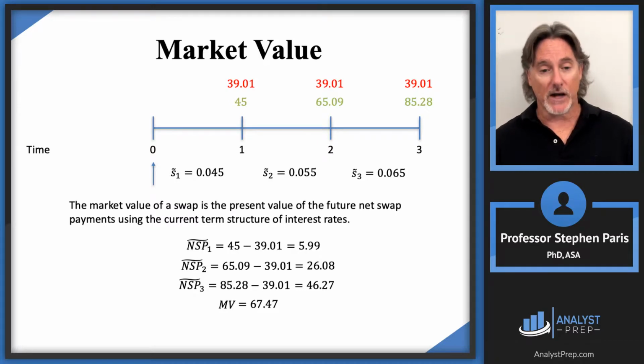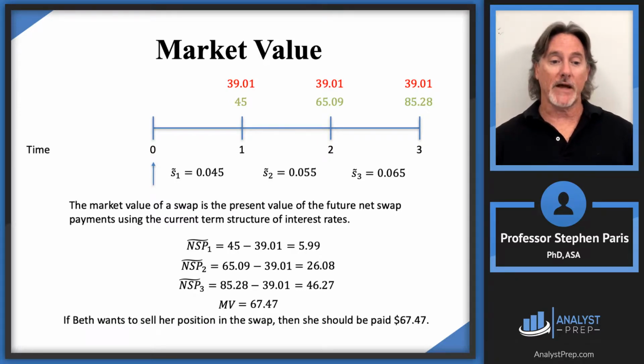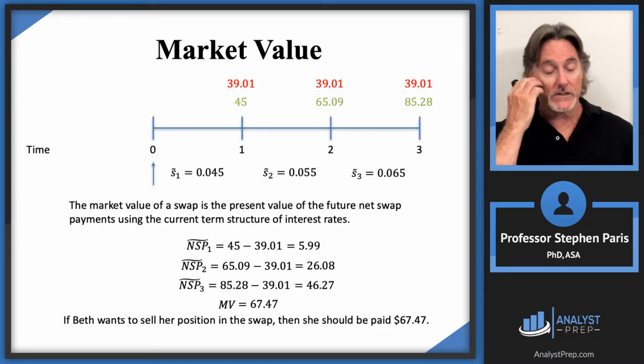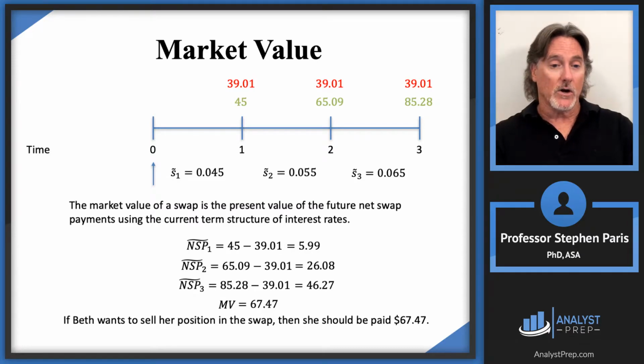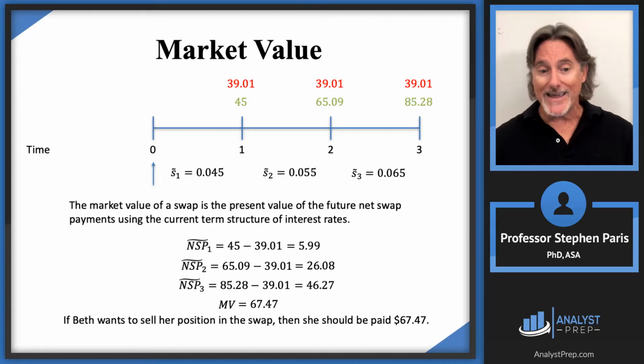Since it's positive, that means that if Beth wants to sell her position in the swap, somebody is going to have to pay her $67.47. That's what her position is worth 1 year later. It's very possible that interest rates might have changed in a way that the market value would have been negative. That's not good for Beth.